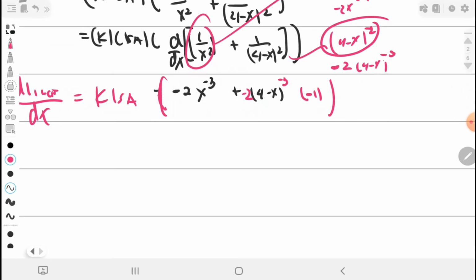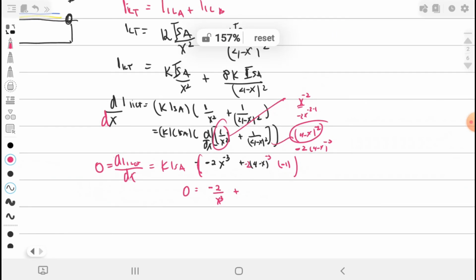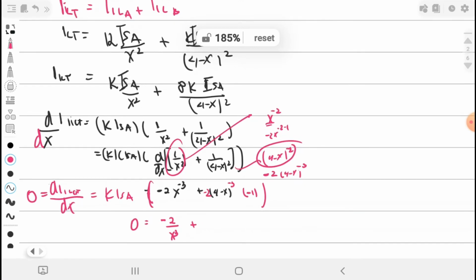So therefore, 0 is equal to negative 2 all over x cubed, plus, we have the 8, our 8 is missing. The 8 should not disappear. Here. Okay. So, 8, 8, 8.